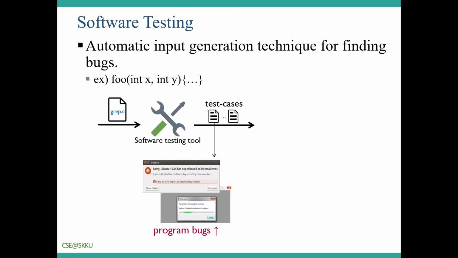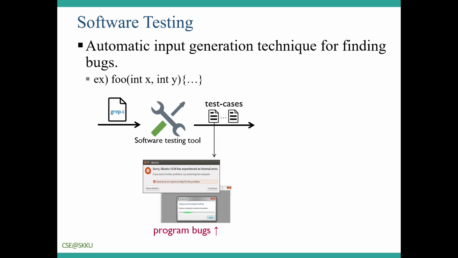At a high level, software testing can be viewed as a technique for automated test case generation. This technique usually takes a target program, such as a binary file or source code, and tries to generate inputs that are likely to trigger bugs or cause the program to crash.